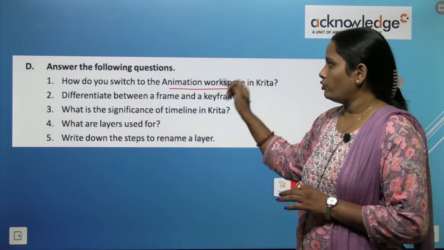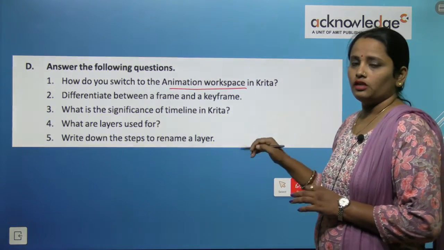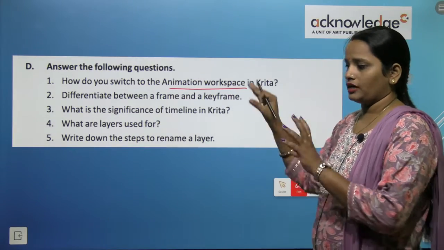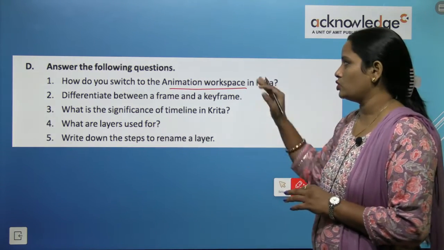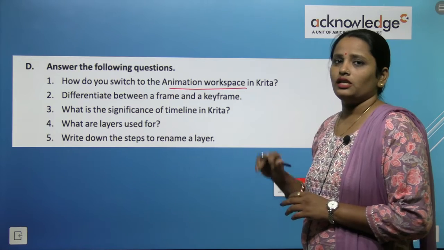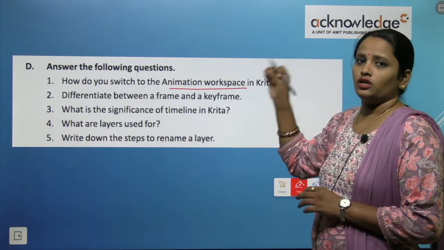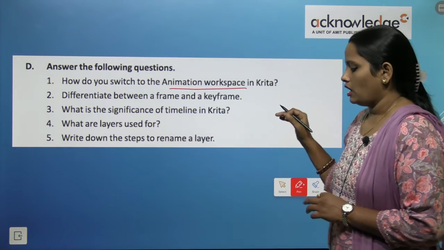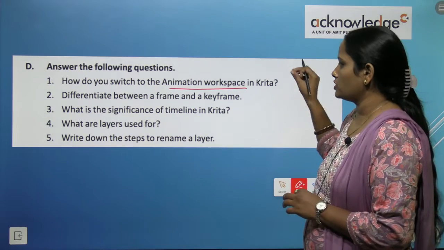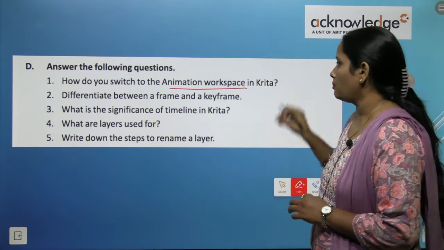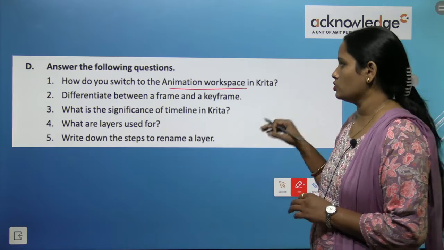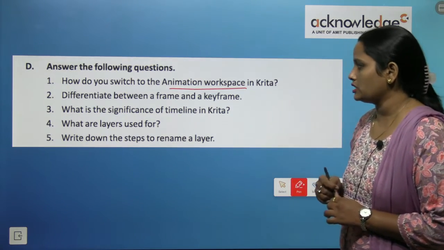So before working on the animation panel, the stage has to be converted into this animation panel by switching from the workspace option, change workspace option to animation panel. So this is the way of switching to animation workspace in Krita.